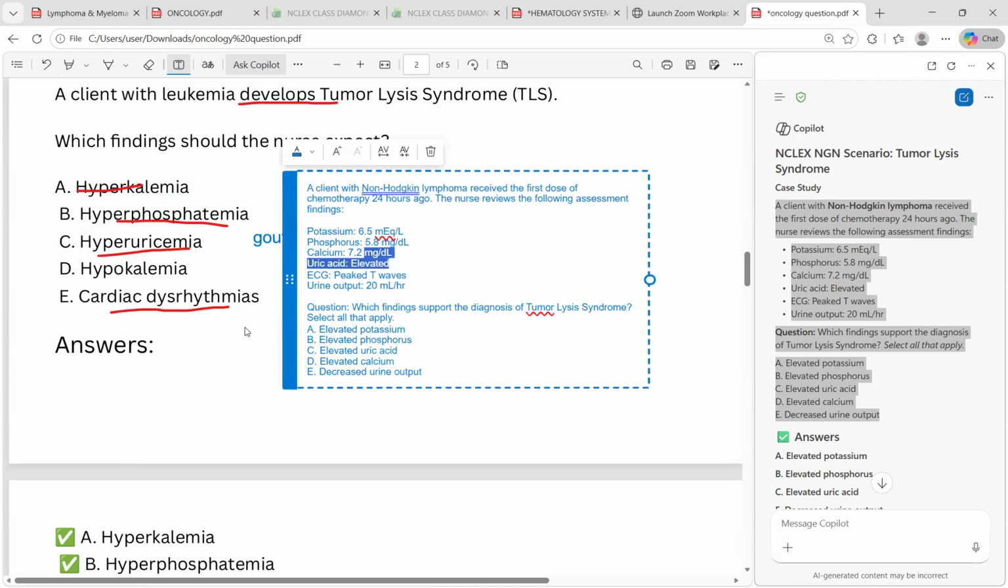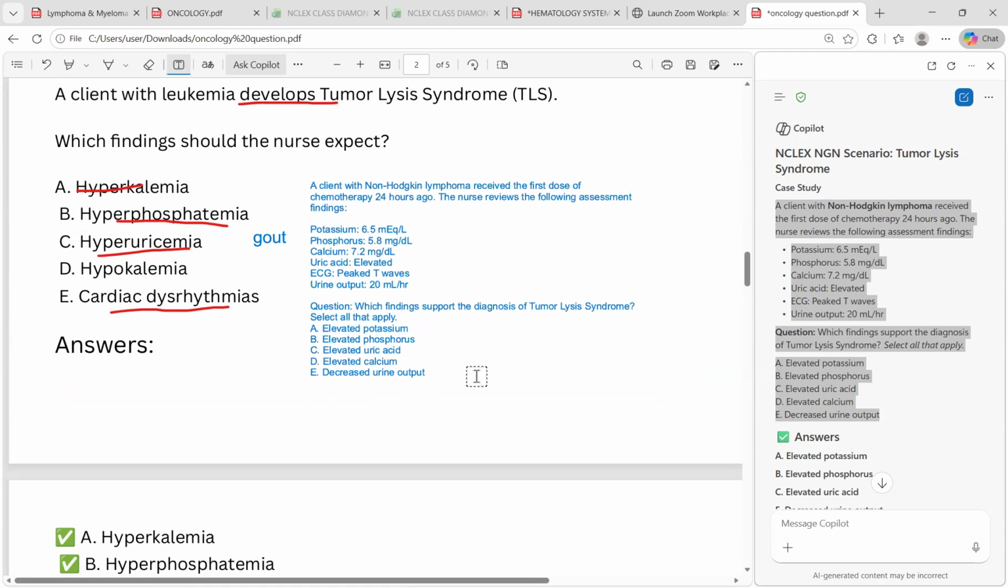Are you able to see this question? Yes, ma'am. You can read it and find out one answer.